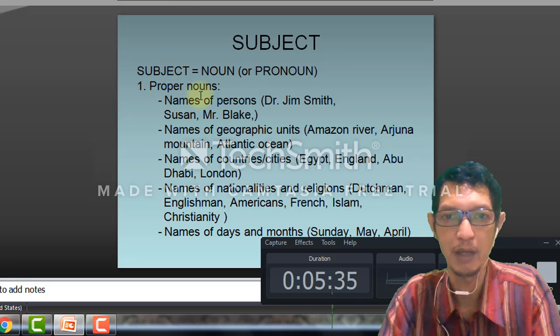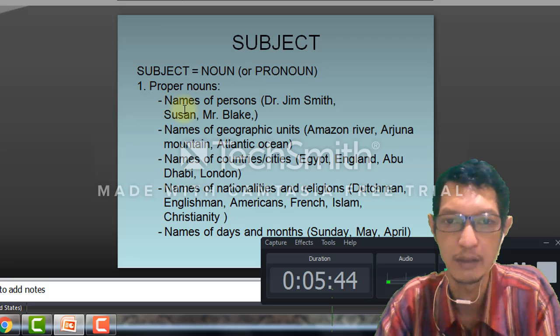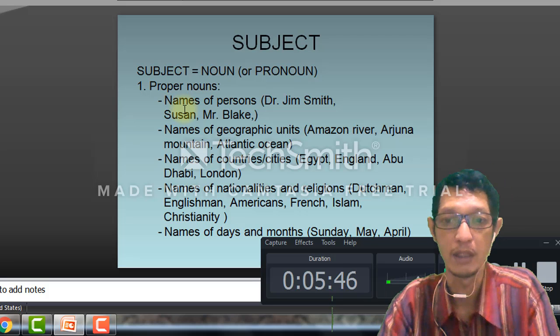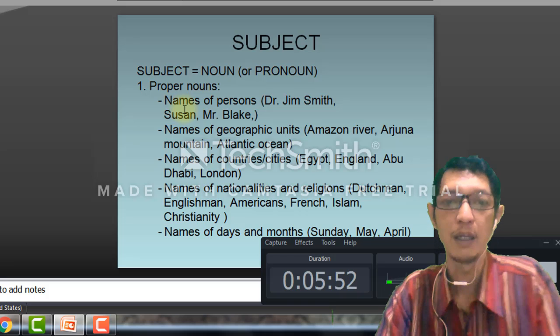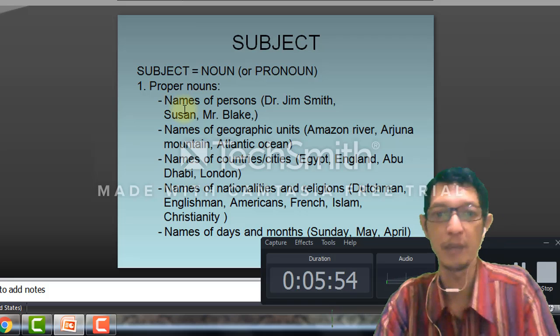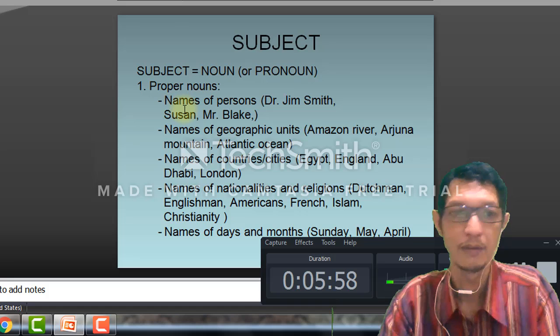First, we have proper nouns. Proper nouns, for example, names of persons, names of geographic units, names of countries, names of days, names of months, nationalities, things like that. And we usually use capital letters in the initial letters of proper nouns.